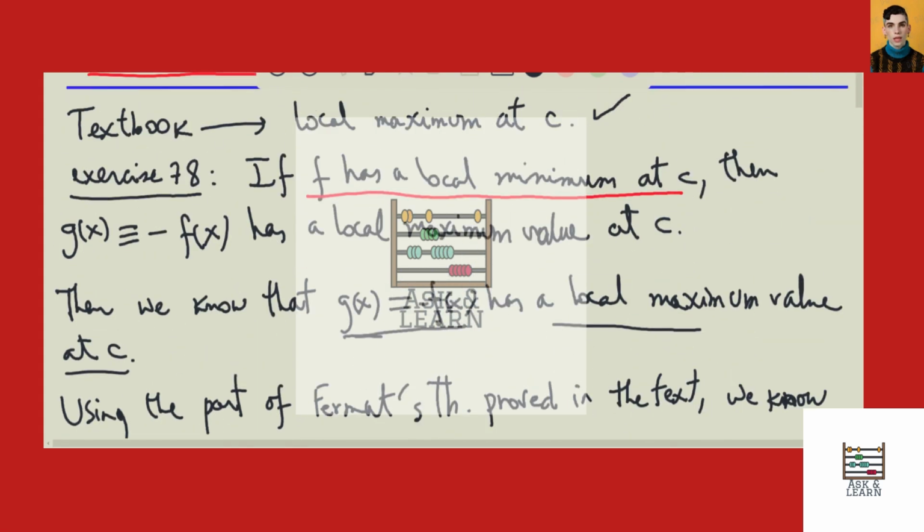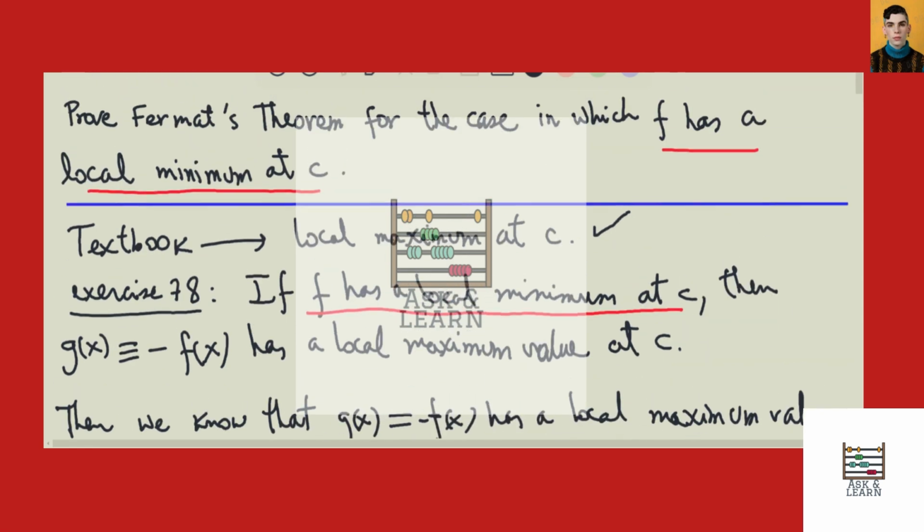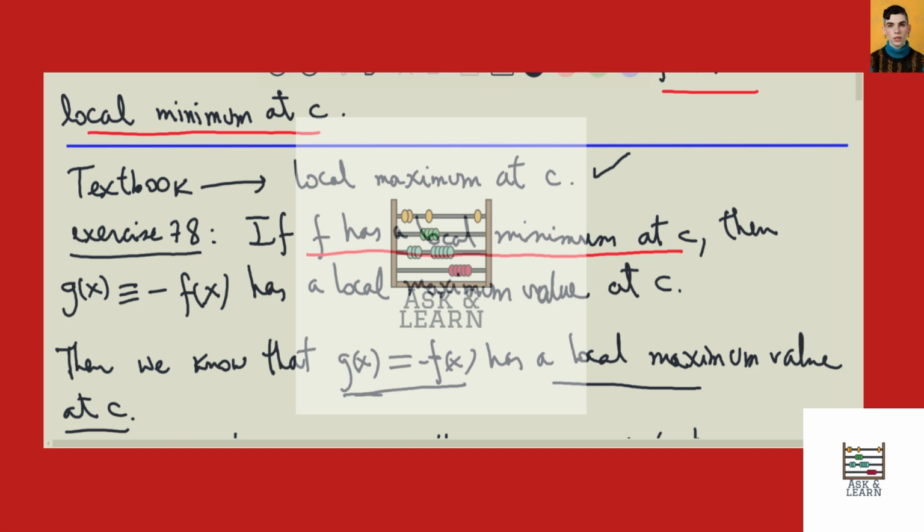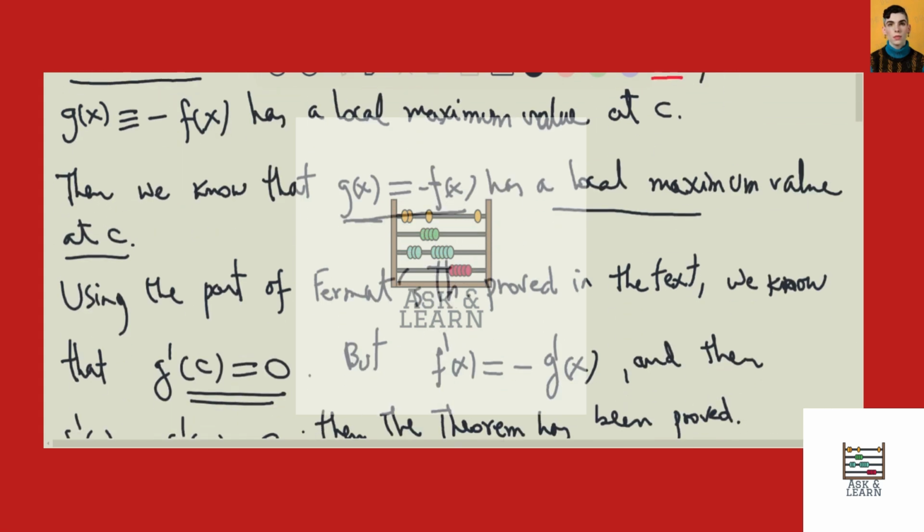For the case of a function f that has a local minimum, the idea was using what was proved in the textbook, that is the case for the local maximum at c, and exercise 78 that says that if the function has a local minimum at a point, then negative that function, this new function defined as negative the given function, has a local maximum at that value.